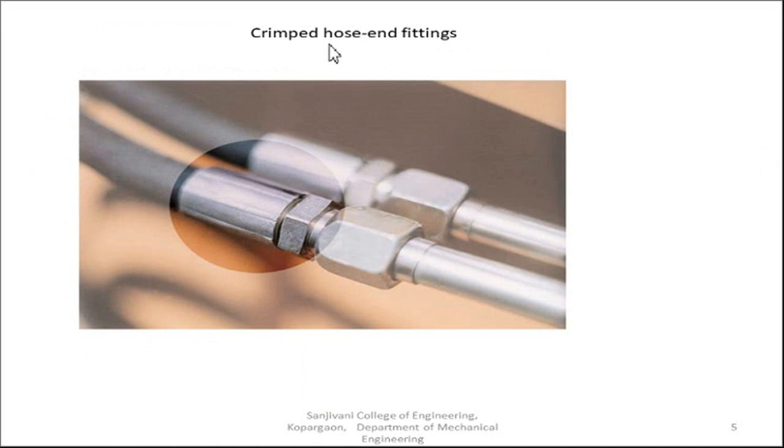Now there are some crimping hoses and fittings where the fixed connector is connected to the flexible connector with the help of a crimping tool, with the help of crimp fittings. You can see that this is a steel pipe which is connected to this flexible hose here with this crimp fitting.